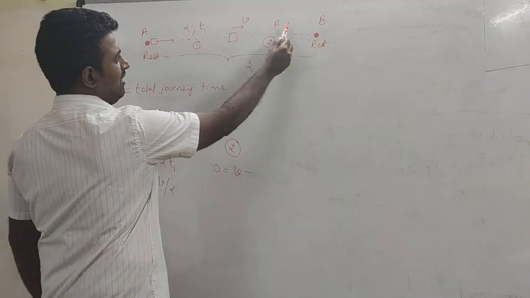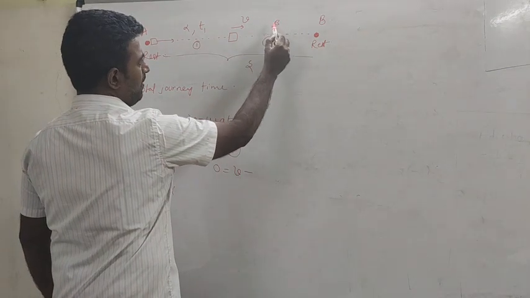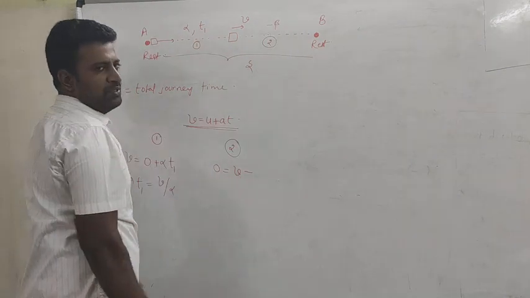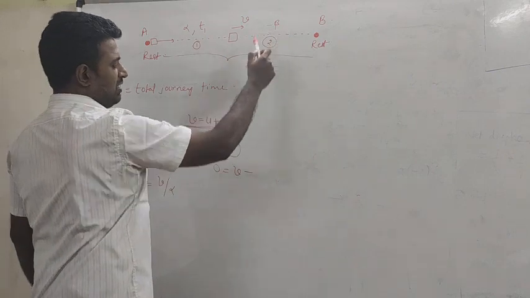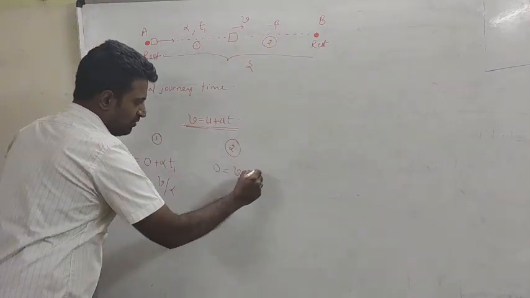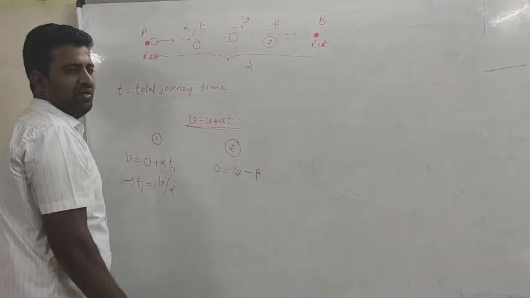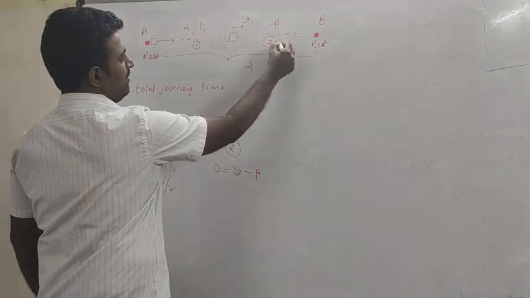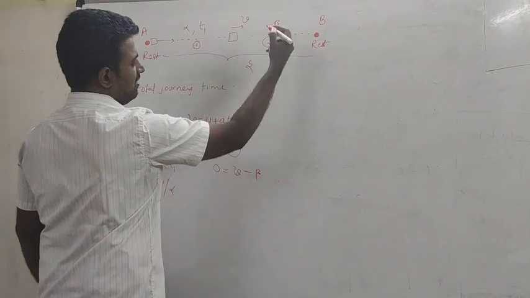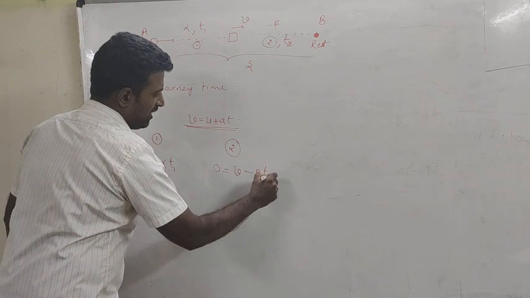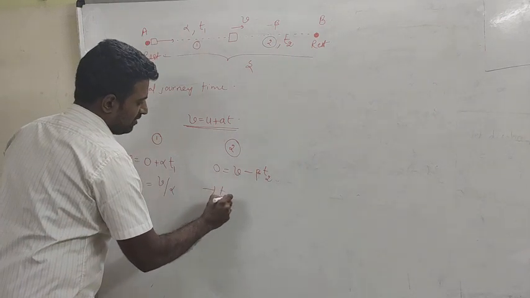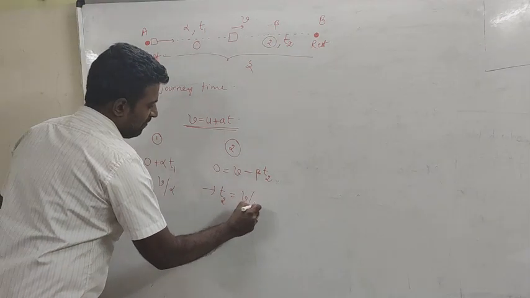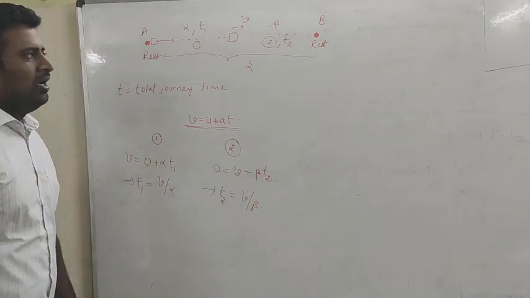Because velocity and acceleration will be in opposite directions. Why will they be in opposite directions? Because the motion is retarded motion. So acceleration will be minus beta. Timing for the second part of the journey I will take as t2. V equals beta t2 implies t2 will be equal to V by beta.